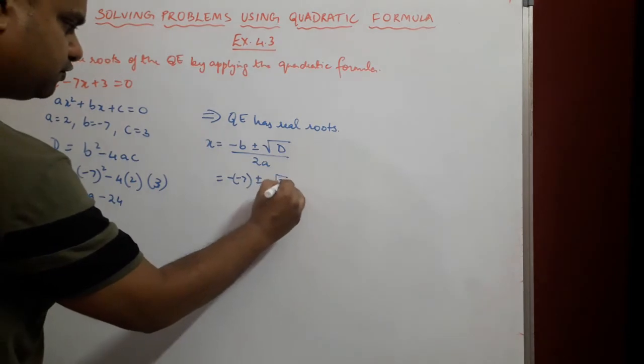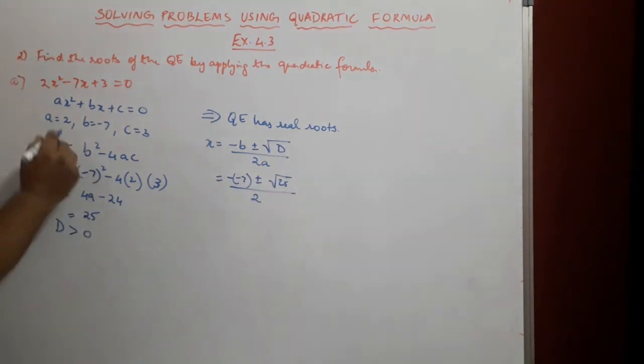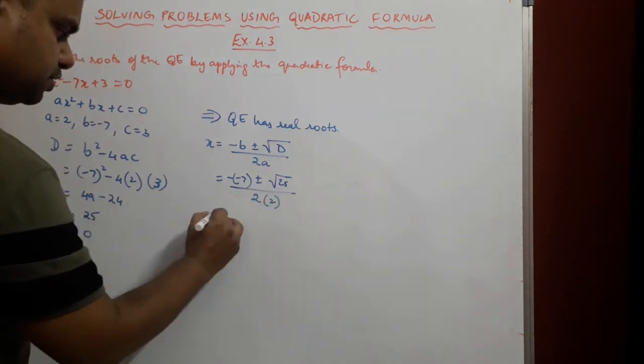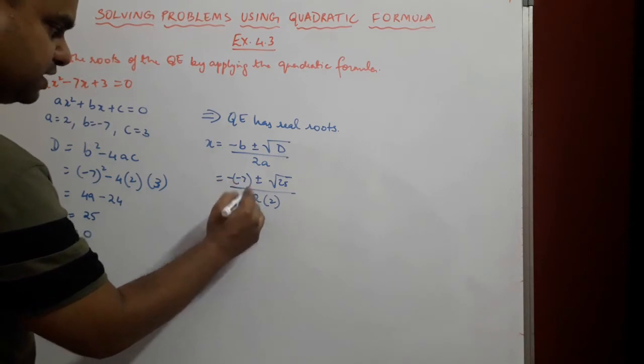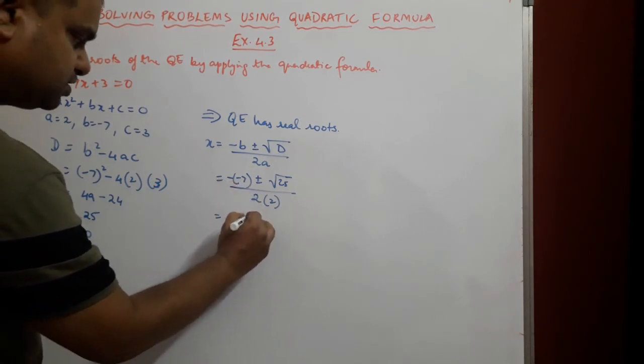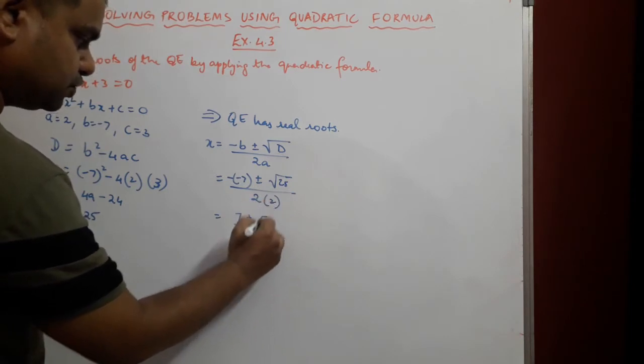So square root of 25 upon 2a. a is 2. So 2 into 2. Now we open the brackets or solve over here. Minus of minus gives us positive 7, plus or minus square root of 25 is 5. 2 into 2 is 4.